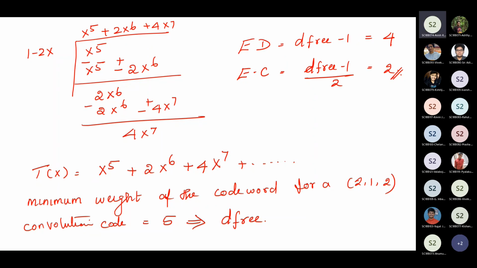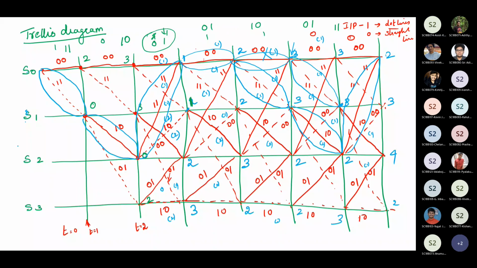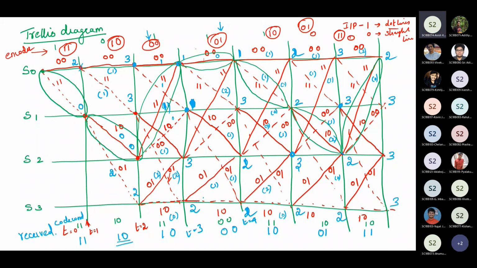Ma'am, in the example you showed, it was able to correct only 1 bit, but here it is correcting 2 bits. I don't know what mistake I made. Have you cross-checked whether the first graph I made is correct? Ma'am, there was a small mistake in taking 0, 0, and after that everything else was a mistake.